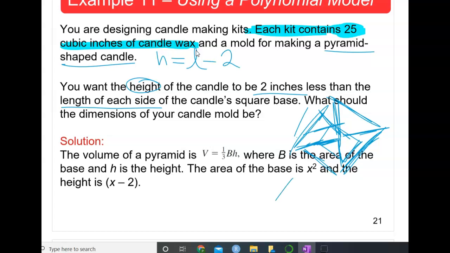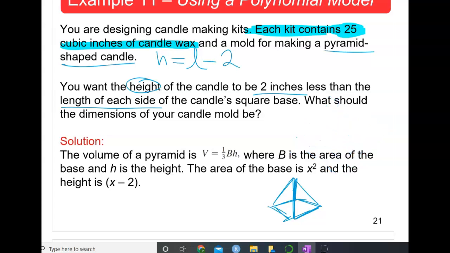Not a very good drawing. Let's assume something like that. Oh yeah, that's a lot better. Okay, so let's just use the same variables here, so we're considering capital B. Well, the question is, what should the dimensions of your candle mold be?